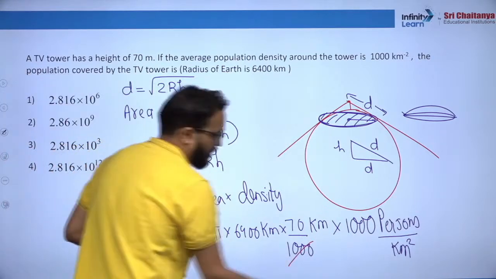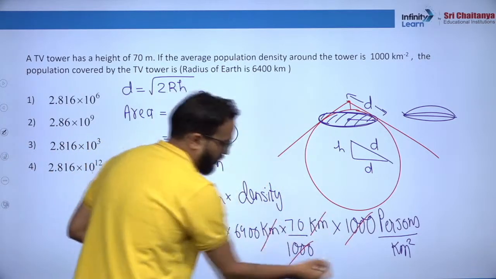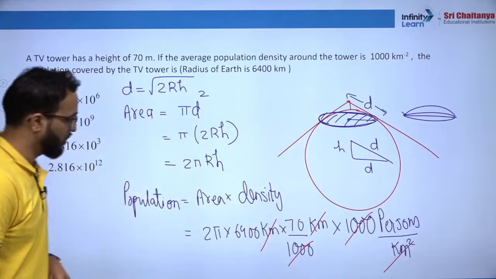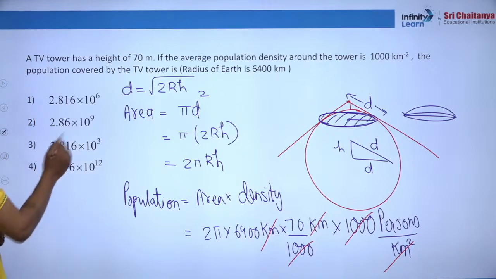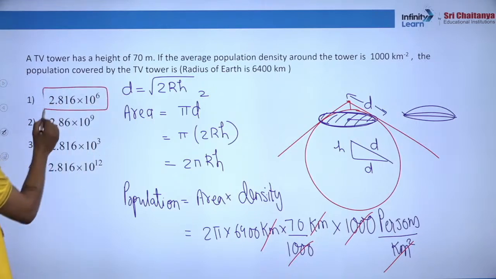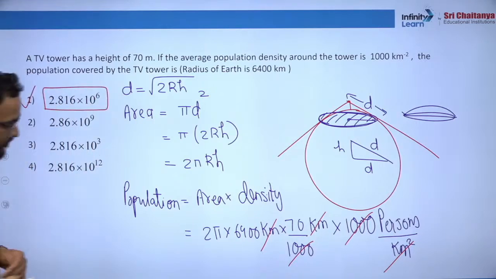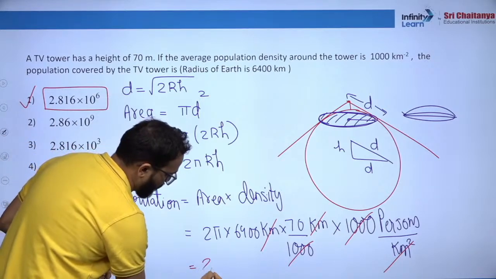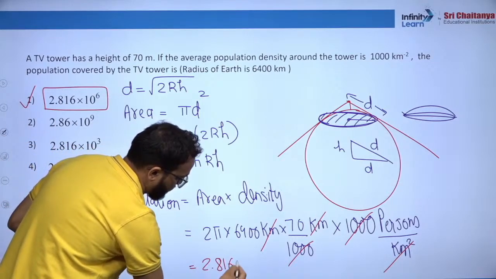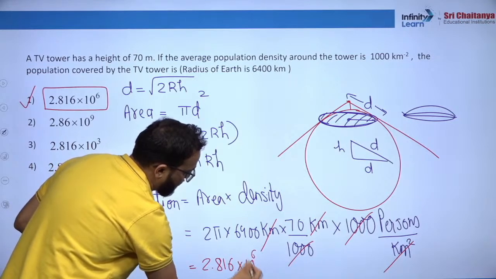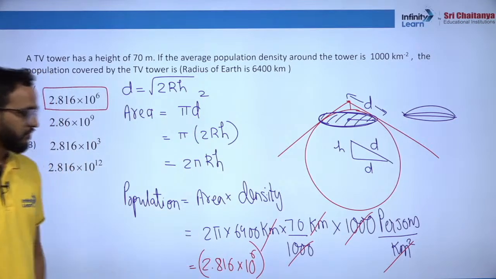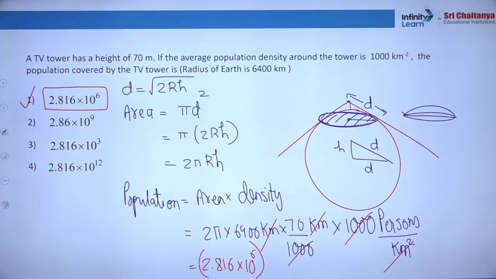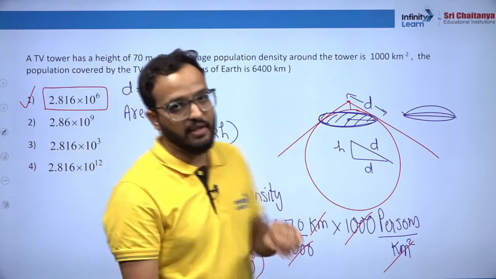So I guess 1000 and 1000 gone, kilometer square gone. After solving it completely, this will be your answer: 2.816 into 10 to the power 6. These many people will be covered by the range of this particular tower.